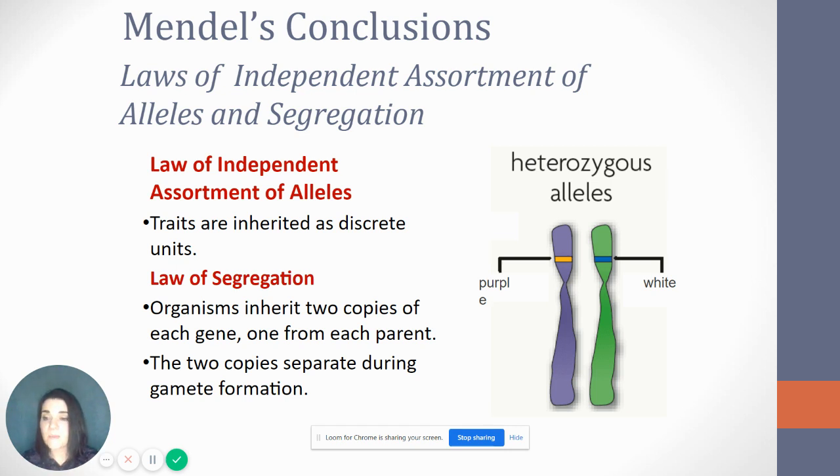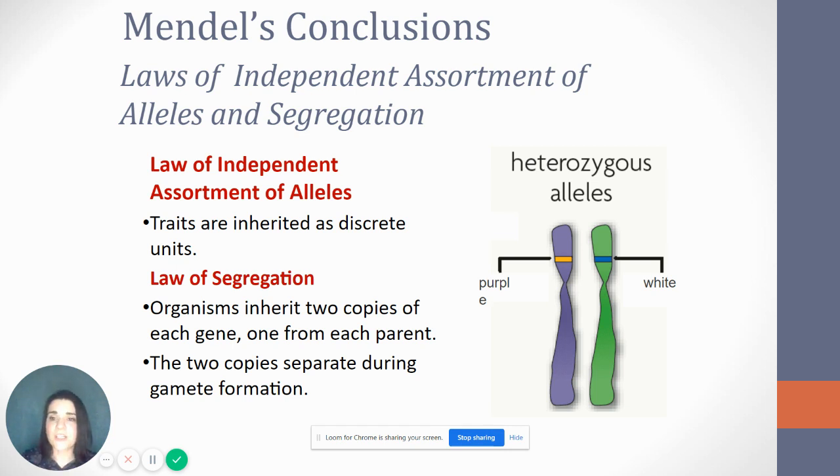In humans, an example of this would be that hair color and eye color are not linked. Not all people with brown hair have brown eyes. Because these traits are inherited as discrete units, as genes, they are not linked. Someone who has brown hair could have blue eyes, they could have green eyes. That's basically what the law of independent assortment says.